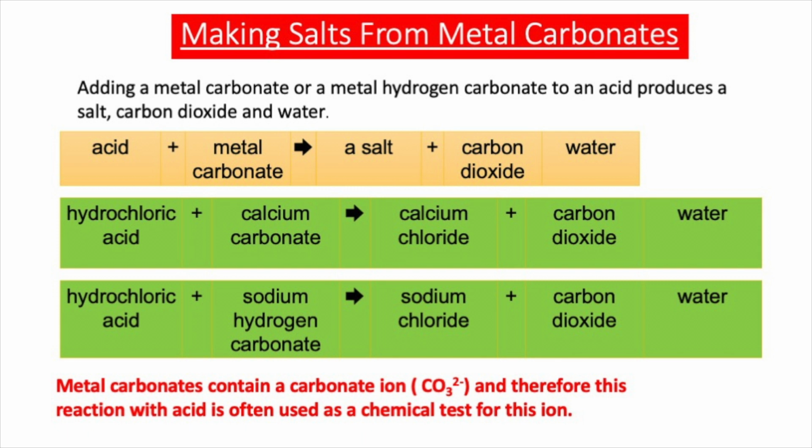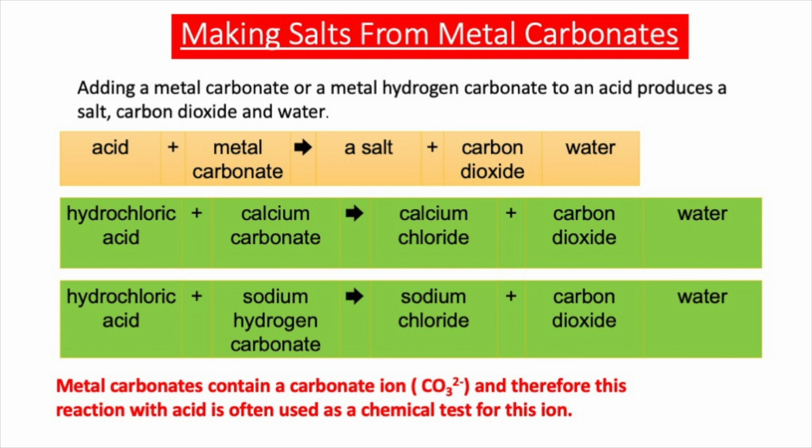So we can see from this word equation that acid plus metal carbonate forms salt, carbon dioxide and water. And the chemical equations show this clearly. Hydrochloric acid reacts with calcium carbonate to form the salt, calcium chloride, carbon dioxide and water. And if we used a hydrogen carbonate such as sodium hydrogen carbonate and reacted it with hydrochloric acid, again we'd form a salt, carbon dioxide and water. The salt would be sodium chloride here.